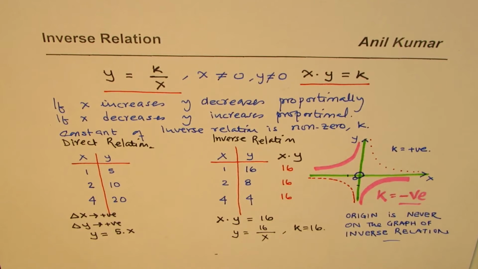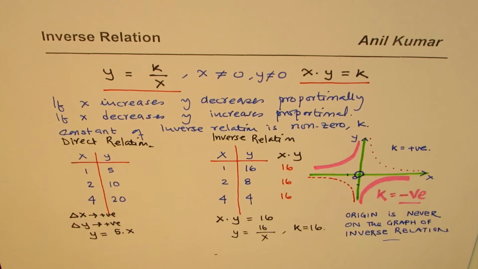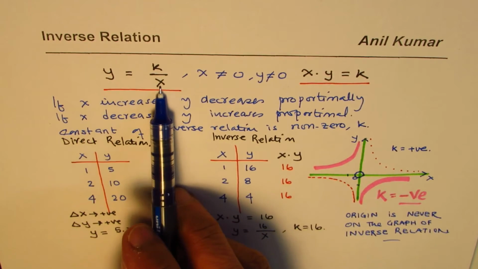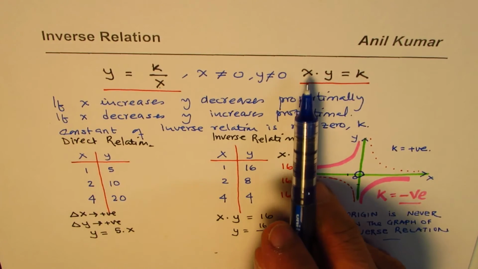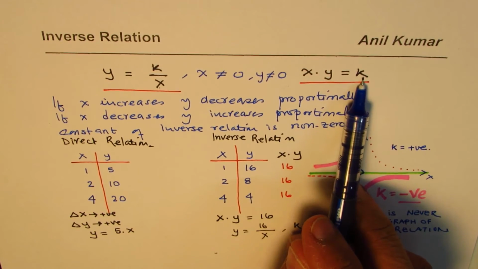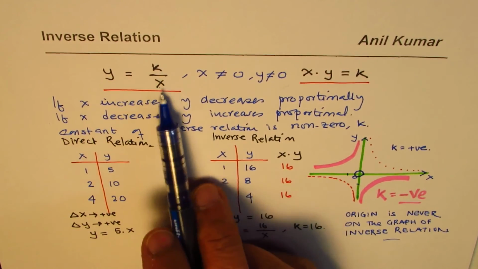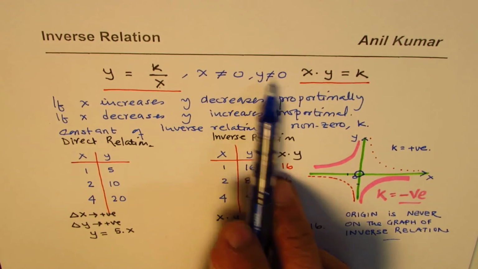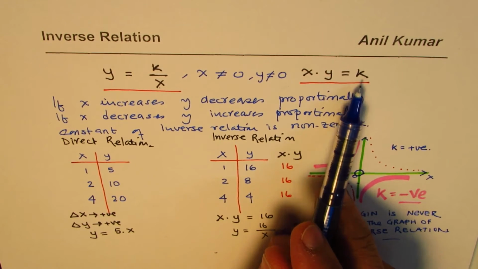So with this, I hope you understand that an inverse relation can be shown in the form of an equation as y equals k divided by x, or the product of x and y equals a constant. In this, none of these quantities can be 0, neither x, nor y, nor k, right?